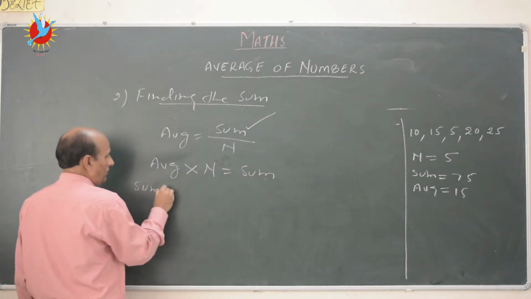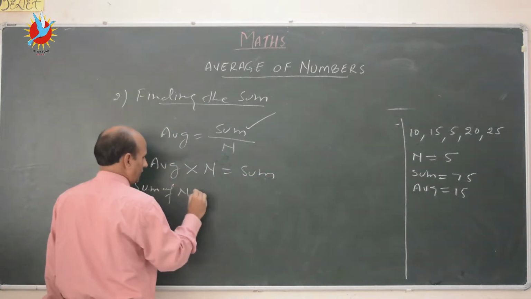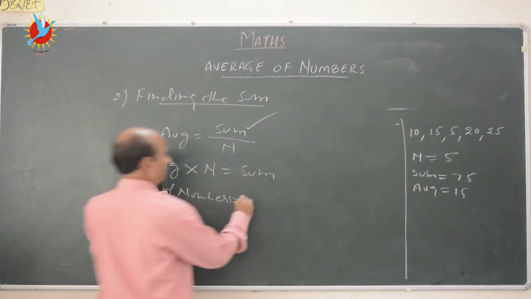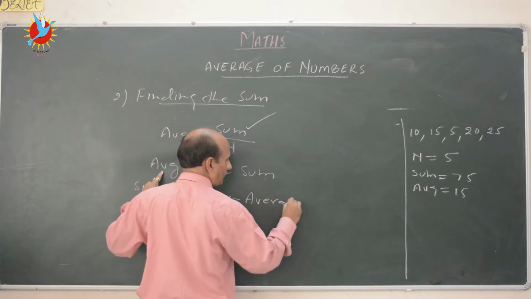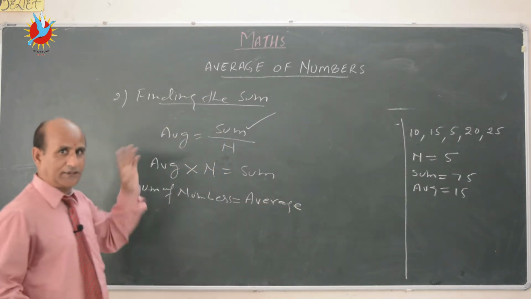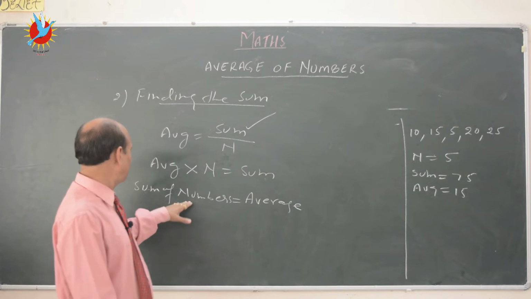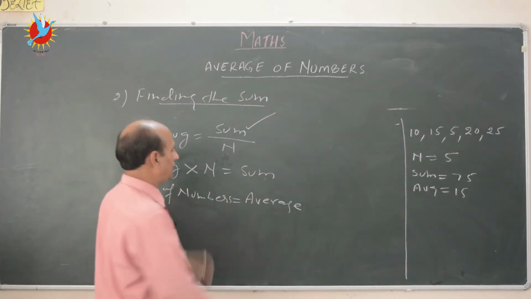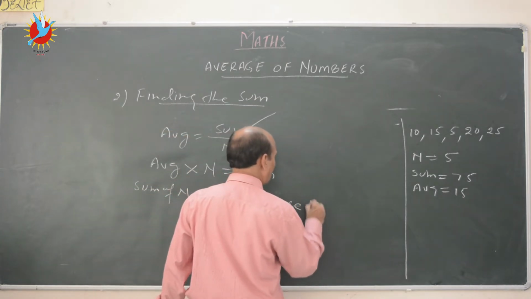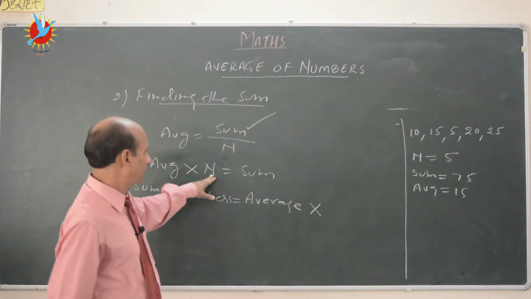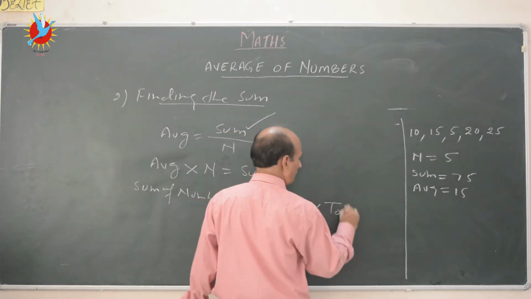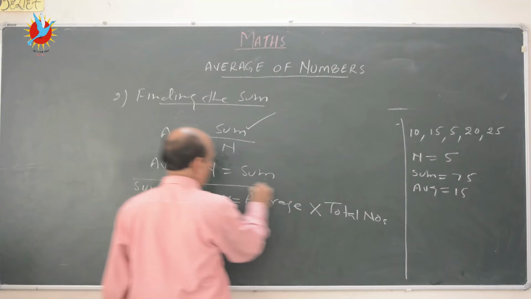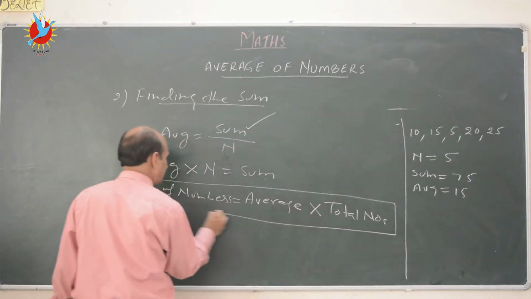So sum of numbers is equal to average of the numbers multiplied by total numbers, n. If it is height, then sum of the heights equals average height multiplied by n.